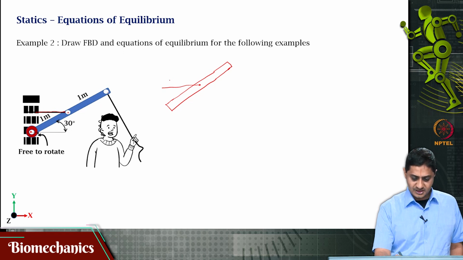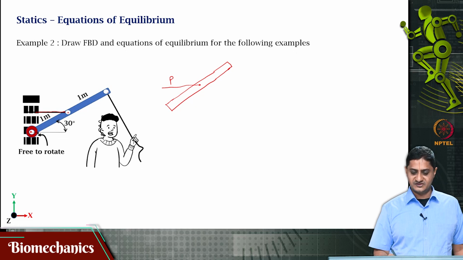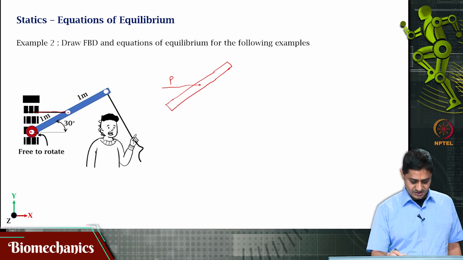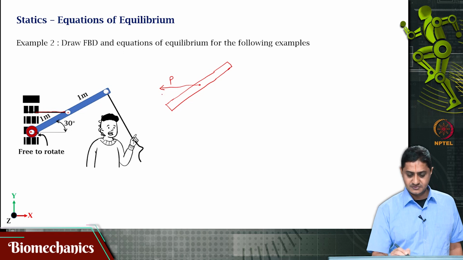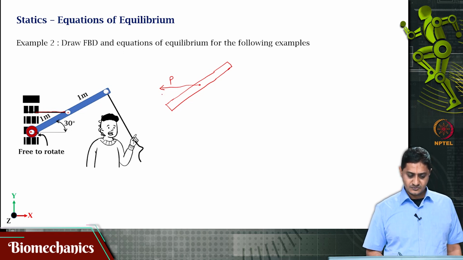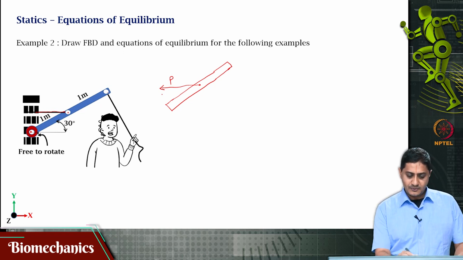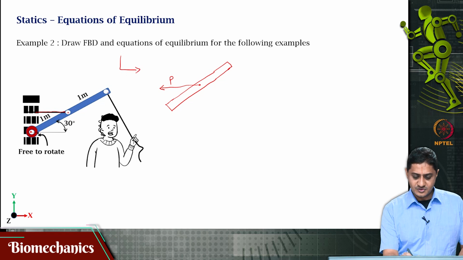A force P is being applied by the wall on this beam through this cable, and that force is acting in this direction. Okay. And I am assuming this xy direction.